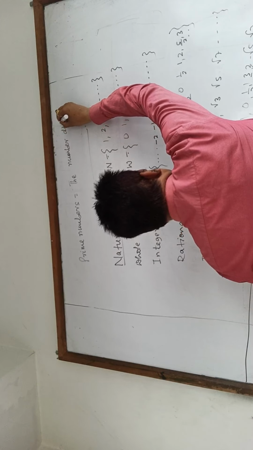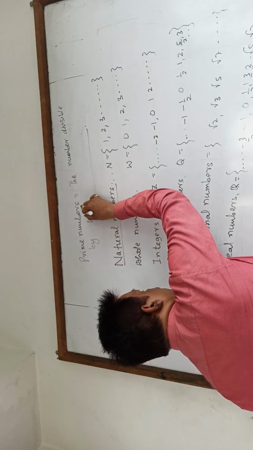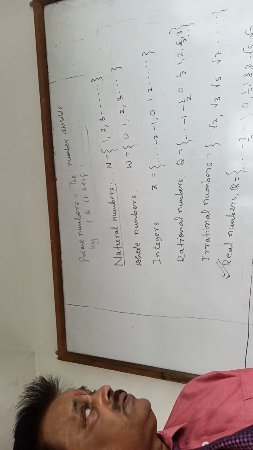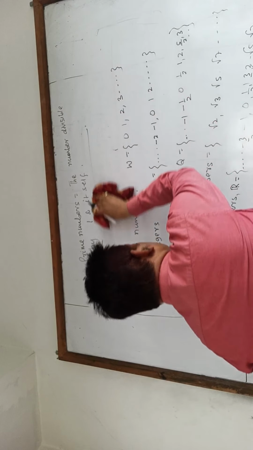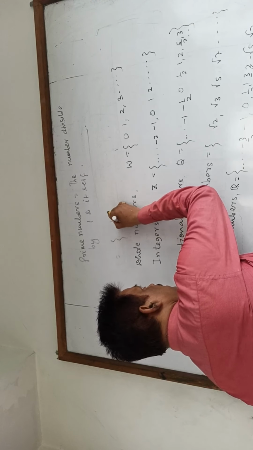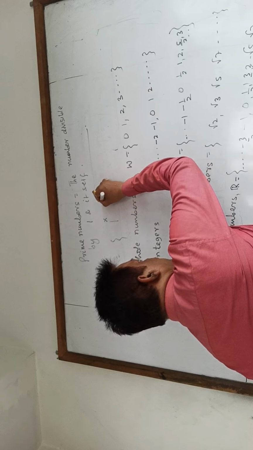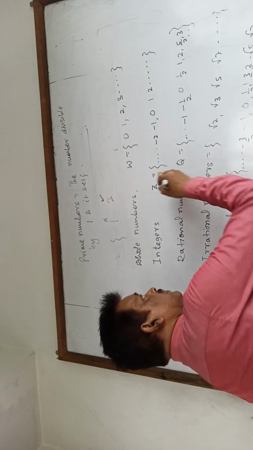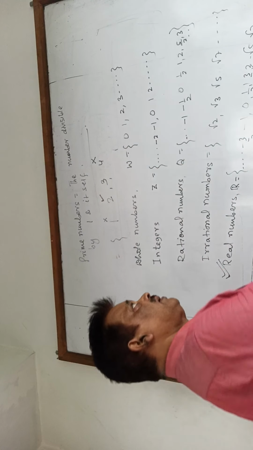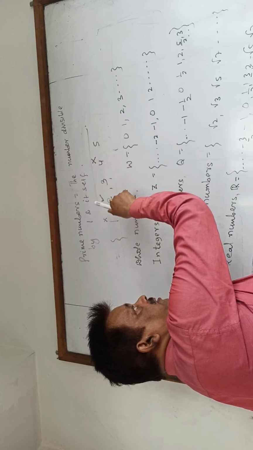Suppose I write 1, not a prime number. 2 is the least prime number. 3 is a prime number. 4 is not a prime number. 5 is a prime number because divisible by 1 and 5, 3 divisible by 1 and 3, 2 divisible by 1 and 2.